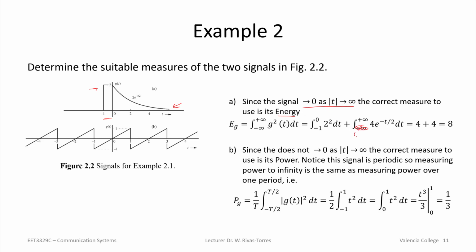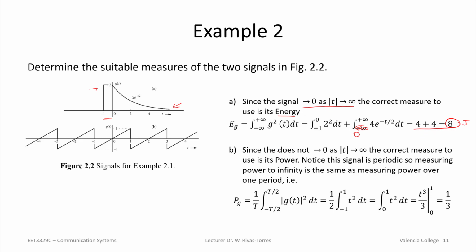It should have been from 0 to infinity. Yes, we are going to go 0 to infinity. Excuse me. And then if you evaluate this integral, you end up with 4 plus 4 equals 8. So your energy is 8, and if we're measuring this in MKS units, that will be 8 joules.